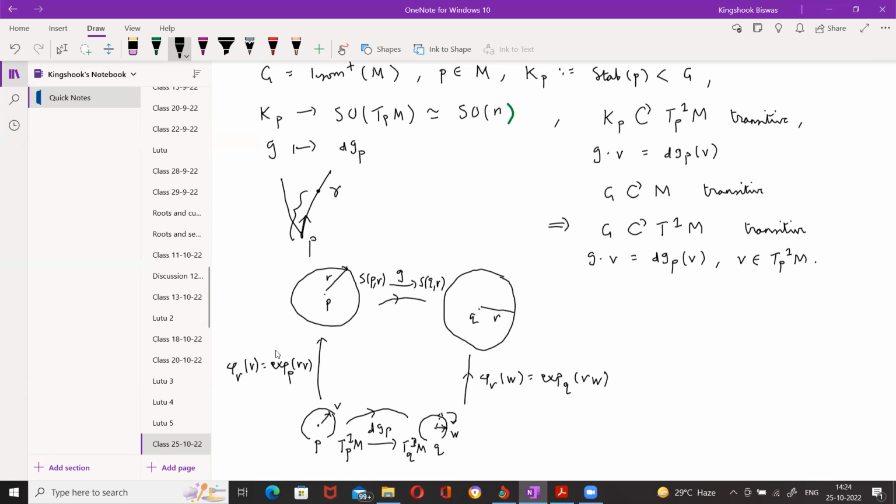And that is the vector W. And so when I go along the right-hand side arrow, I'm getting also the geodesic with initial condition W flowing for time r, right? So this diagram commutes, yes? So I have these diffeomorphisms between these spheres.